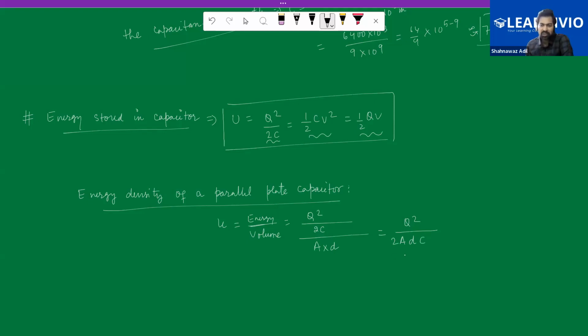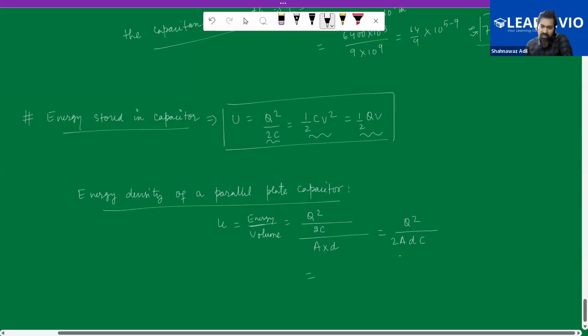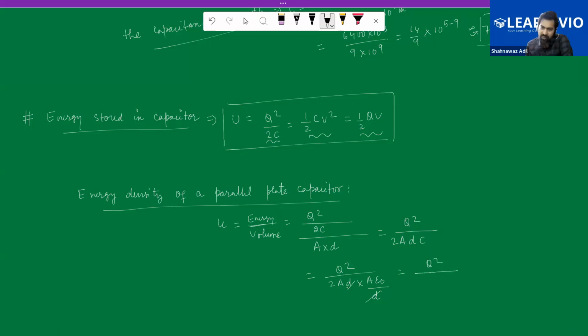What is the capacitance of a capacitor? It is A epsilon naught by D. So D and D will cancel, and we have Q square divided by 2A square epsilon naught.